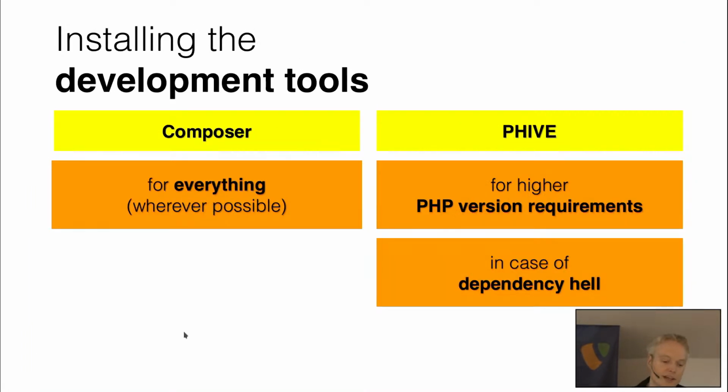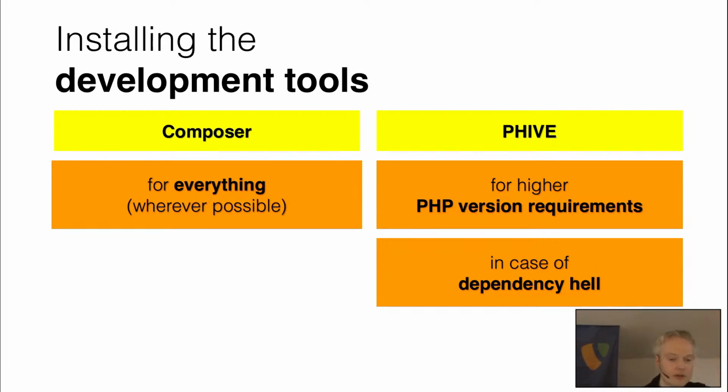Then our recommendation concerning installing the development tools like PHPUnit and the testing framework and PHPStan and PHP Code Sniffer: our recommendation is to use Composer wherever possible. This restriction relates to the fact that there might be some cases where you cannot use Composer for a dependency.